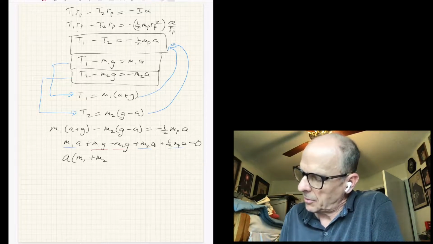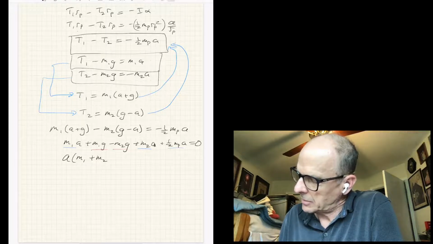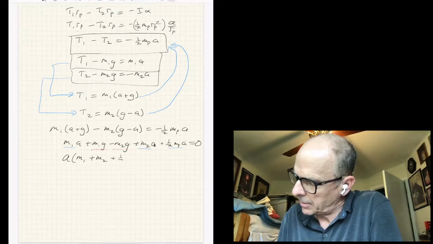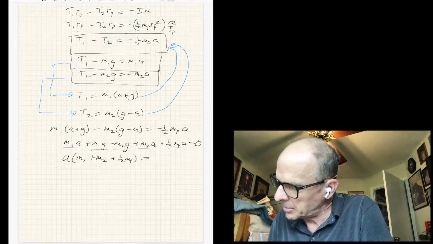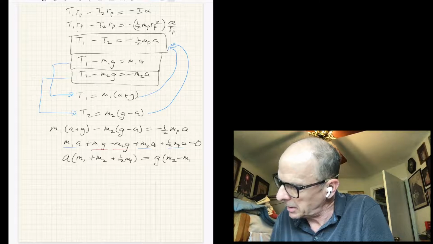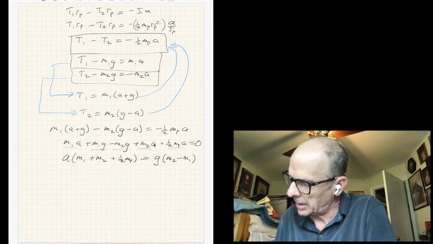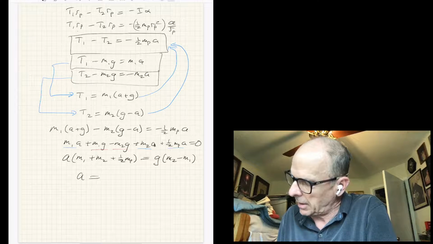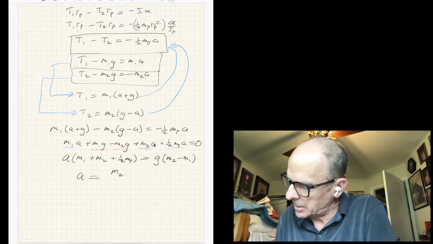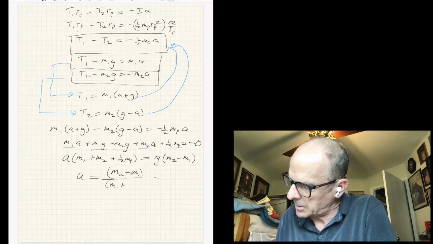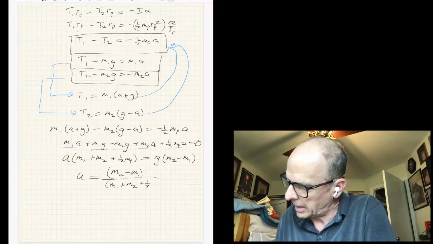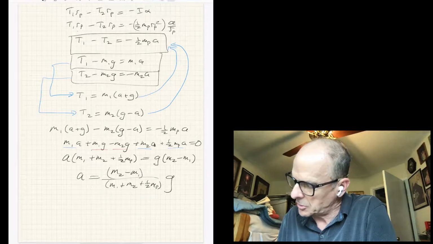So my A terms put together have A times M1 plus M2 plus 1/2 times MP equals, when I put those two G terms on the other side, G times M2 minus M1. The signs change when I put them on the other side. That then gives me my answer. A equals M2 minus M1 divided by M1 plus M2 plus 1/2 MP, all times G.